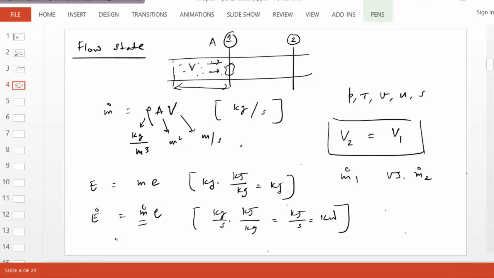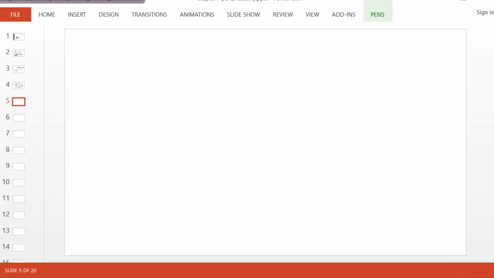So we will come across this kind of rate of transport, and we can generalize this formula through what is known as a transport equation. It will be of this form, that E dot equals m dot times E, S dot equals m dot times small s.